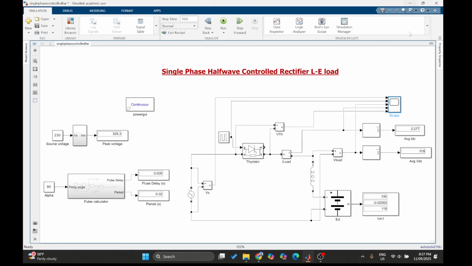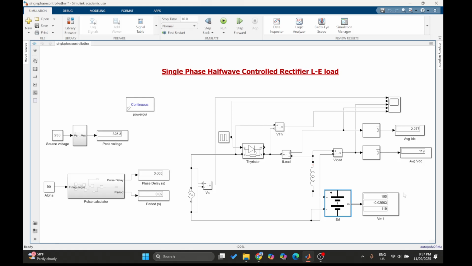Now you have seen the effect of the inductor and one effect of having a back EMF.